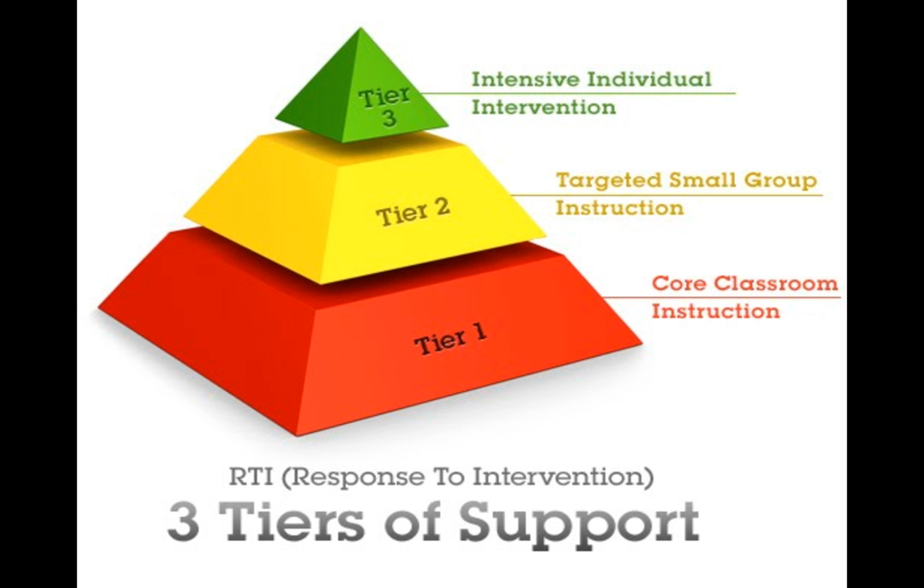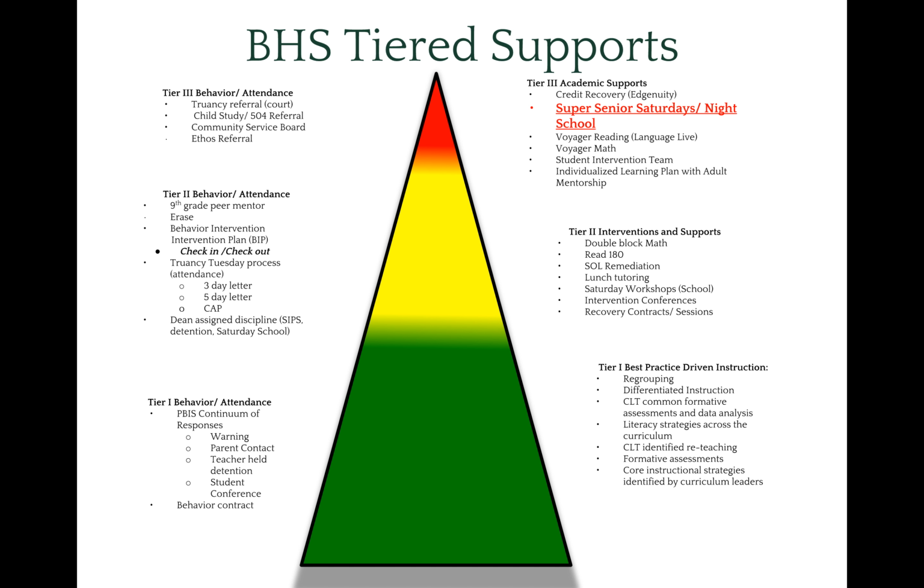So then we look at small group instruction with tier two, and it's targeted based on skill and what kids need. And then tier three, which is really intensive support for students that are severely deficient in certain skills, specifically within numeracy and literacy. And so this is our pyramid of supports that you've seen over and over again.